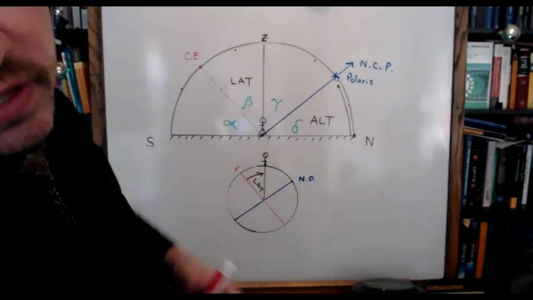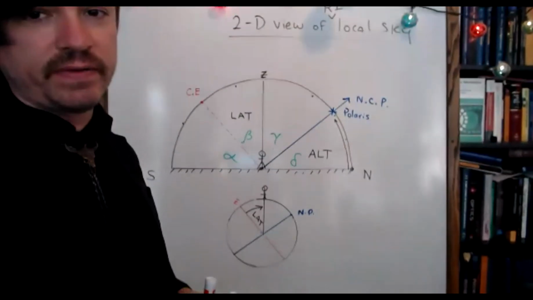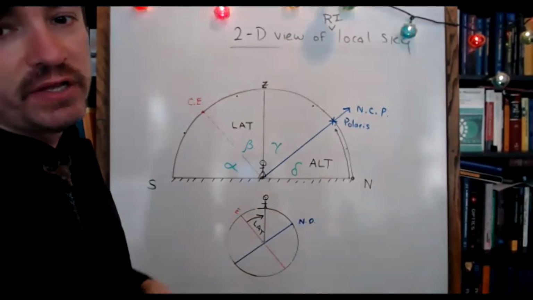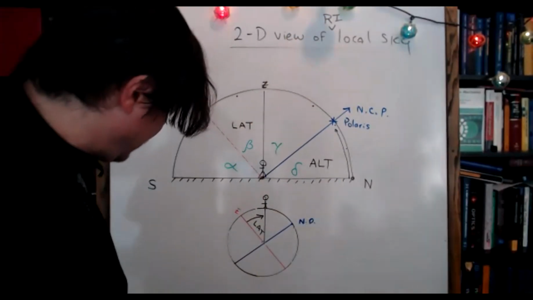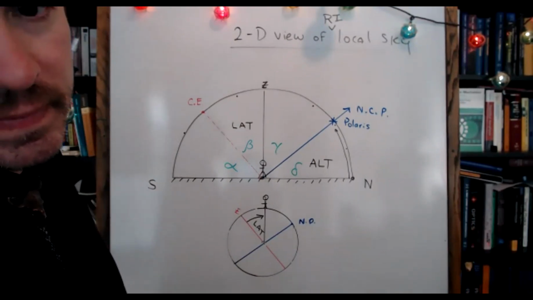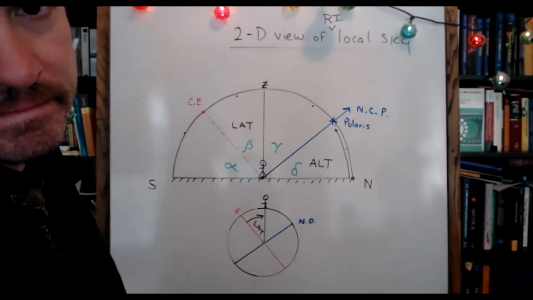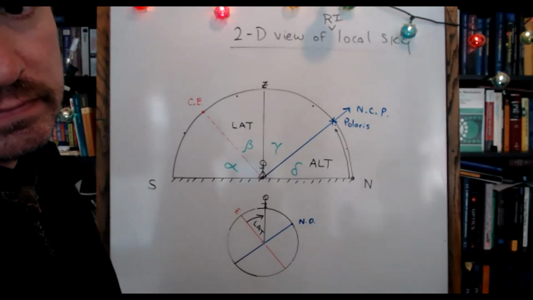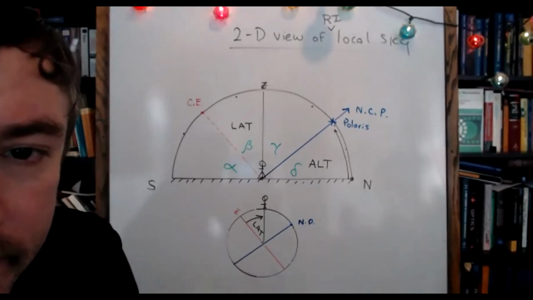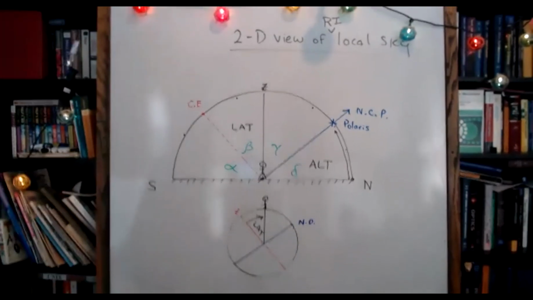Now, let's do this for the Rhode Island local sky, okay? Remember, this is a 2D view of the Rhode Island local sky. Do you guys remember what the latitude is for Rhode Island? Wasn't it 42 degrees north, roughly? Good.